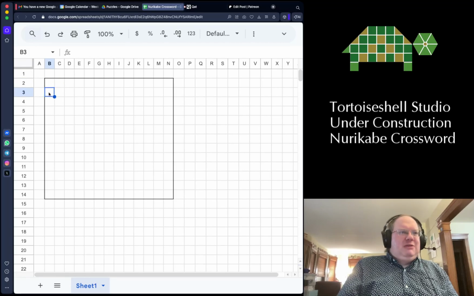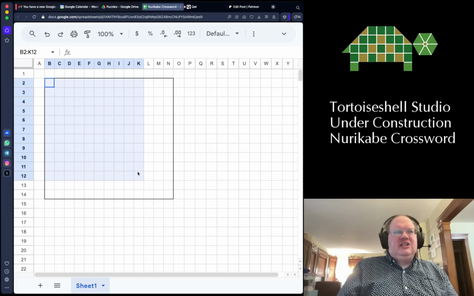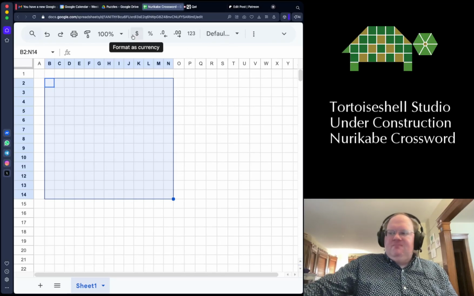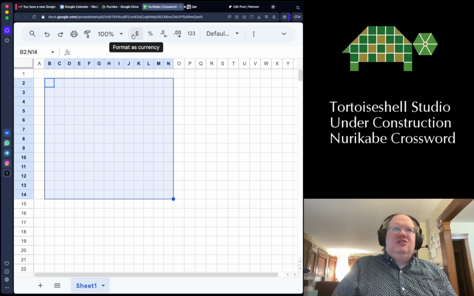I want to maybe do... Hmm, how am I going to represent this? Okay, I need conditional formatting to be able to set up the black squares.